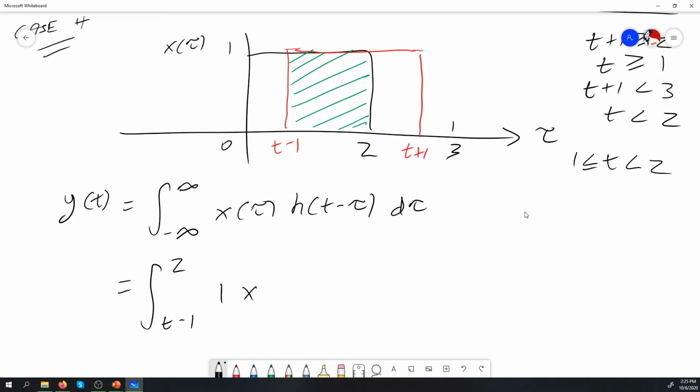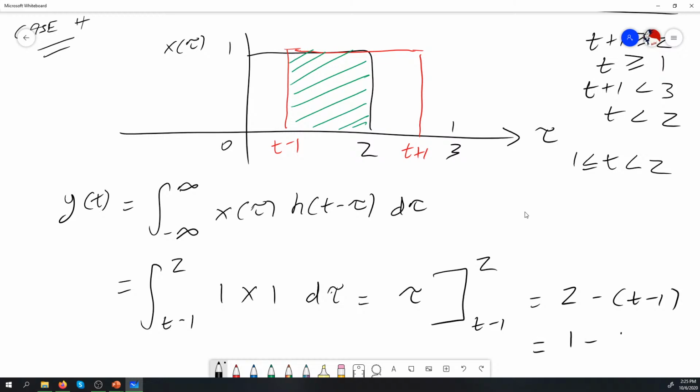X of tau was 1, h of t minus tau was also 1. So the integral evaluation will be tau with respect to 2 and t minus 1. So we get 2 minus t minus 1 gives us a result of, sorry, 3 minus t.